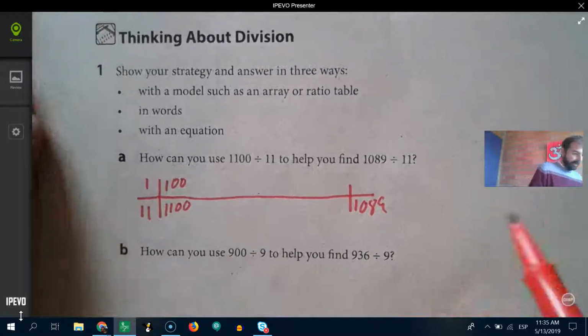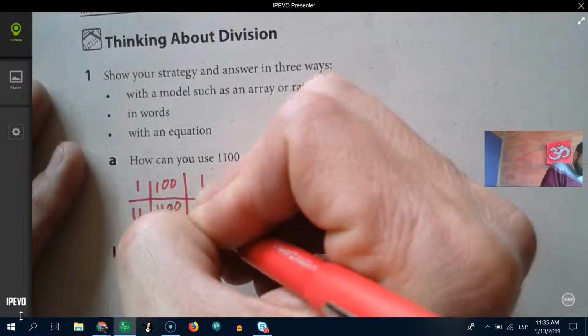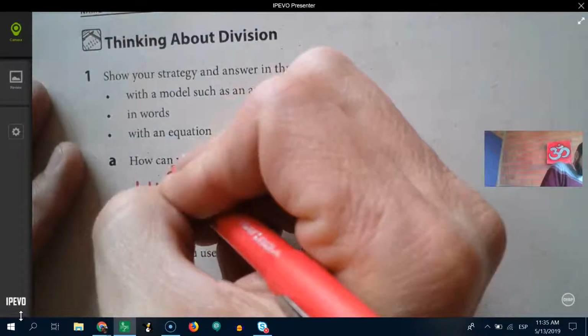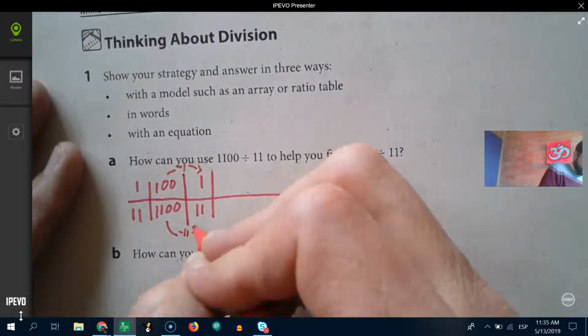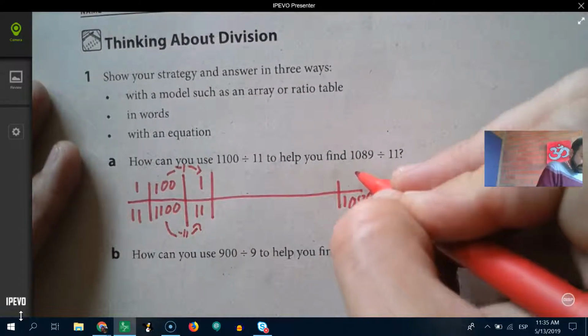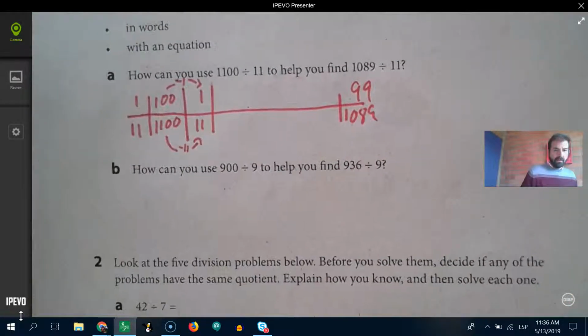So I'm going to subtract one group of 11, and that's going to give me my answer of 99.